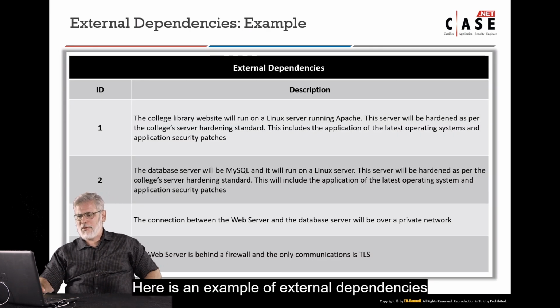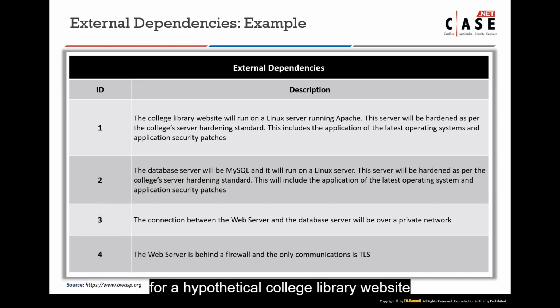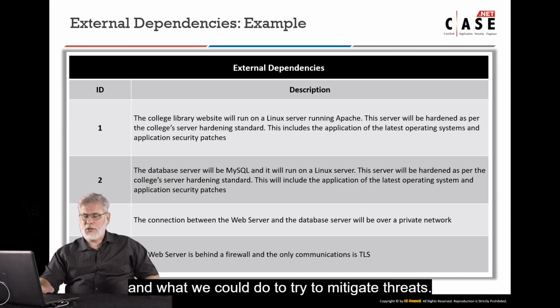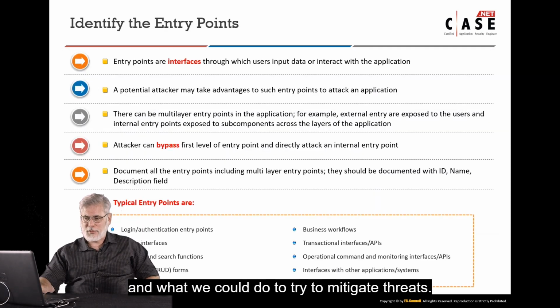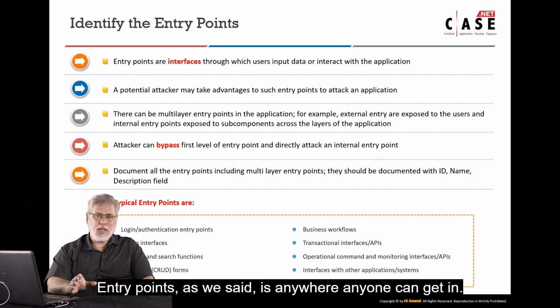Now here's an example of external dependencies for a hypothetical college library website running on Linux Server and Apache. So we look through that and we see what our external dependencies are, what databases we're concerned about, what operating system, and what we could do to try to mitigate threats. Entry points, as we said, is anywhere anyone can get in.